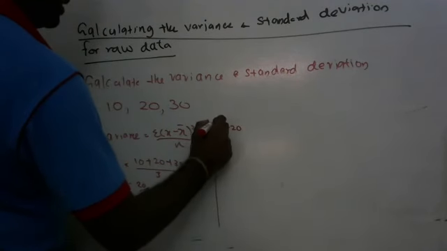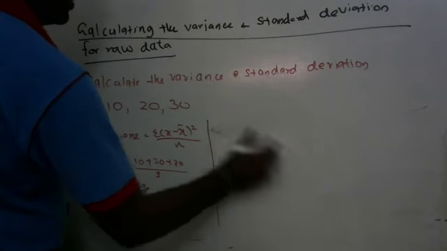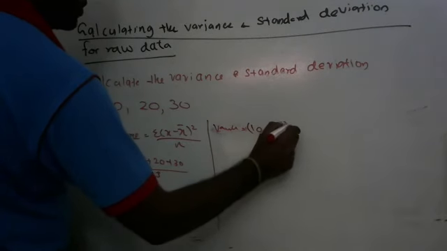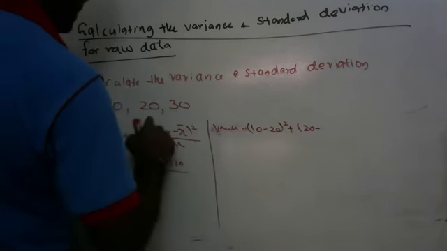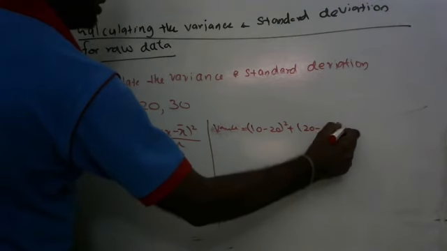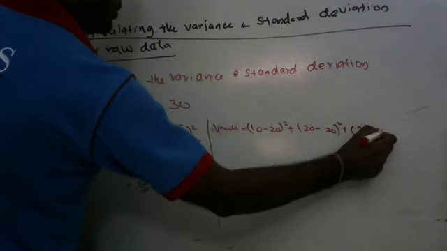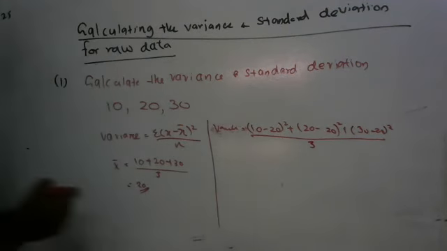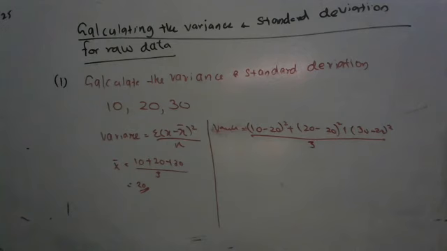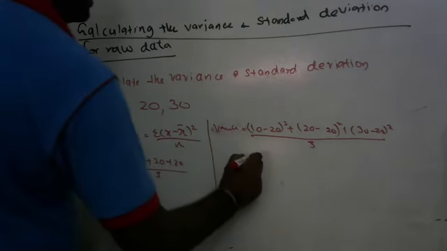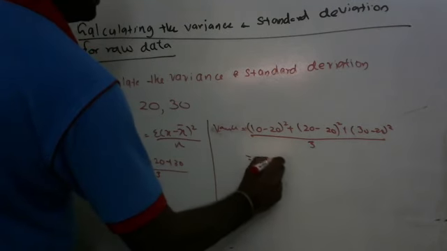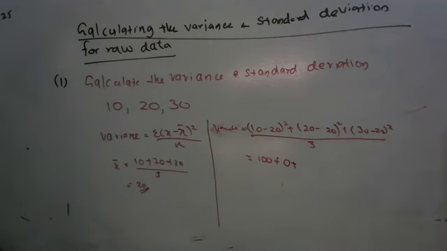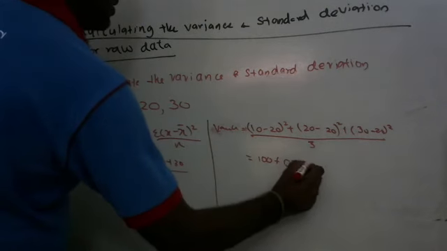Variance equals (10 minus 20) squared, plus (20 minus 20) squared, plus (30 minus 20) squared, divided by the number of values, 3. 10 minus 20 is minus 10, squared is 100. 20 minus 20 squared is 0. 30 minus 20 is 10, squared is 100.